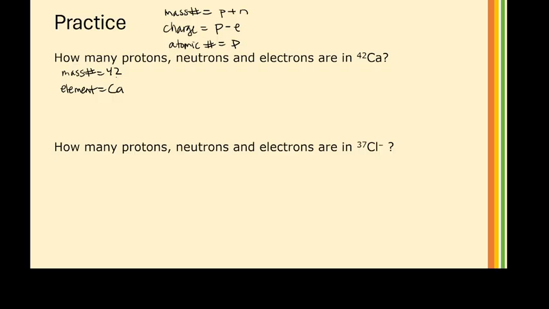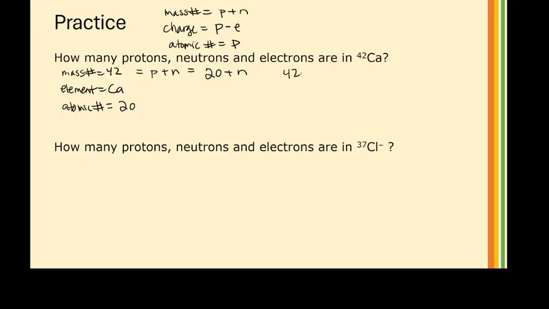So if I know the mass is 42, first I want to know that the atomic number of calcium is, I think it's 20. Yes, it's 20. So I know that the mass is protons plus neutrons, and 20 of them are due to the protons.